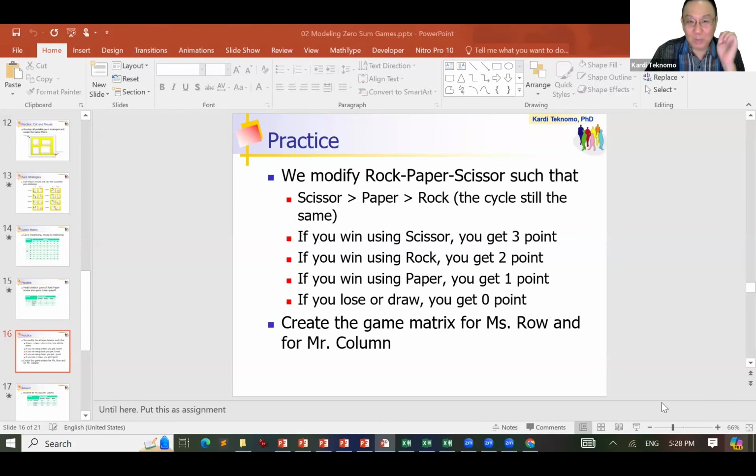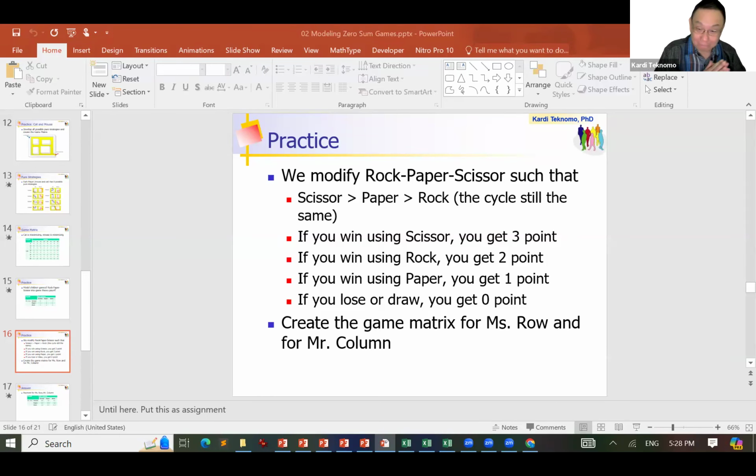We will use the same cycle: scissors beats paper and paper beats rock. But if you win using scissors, you will get 3 points. If you win using rock, you will get 2 points. And if you win using paper, you get 1 point. If you lose or draw, you get 0 points.